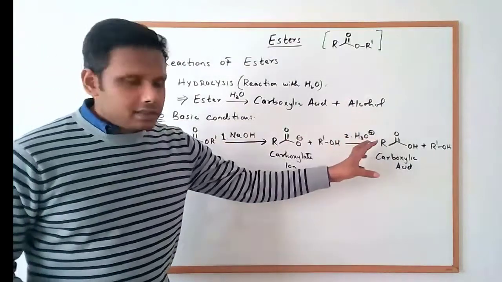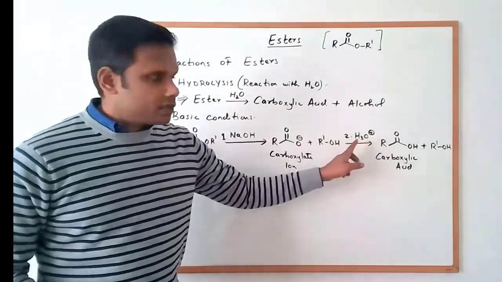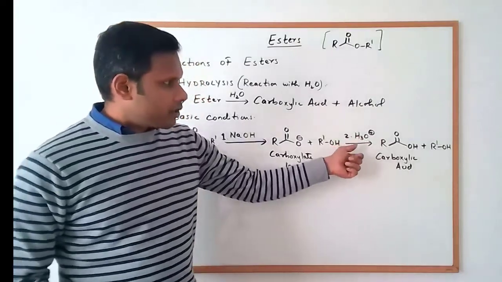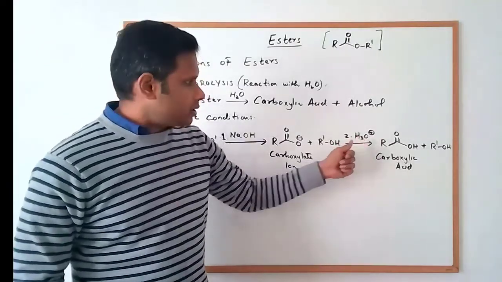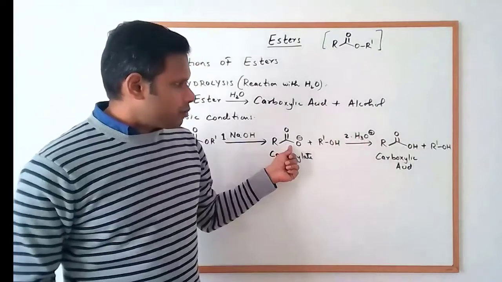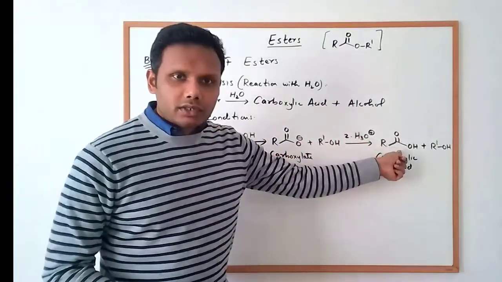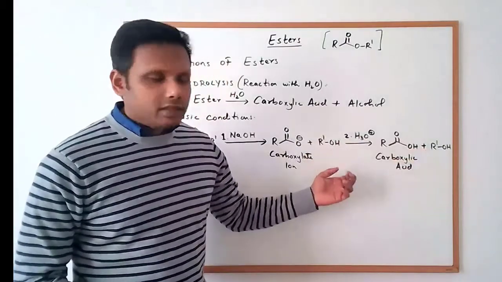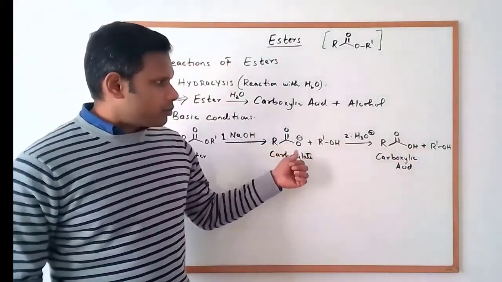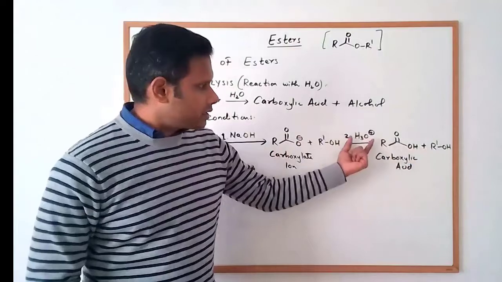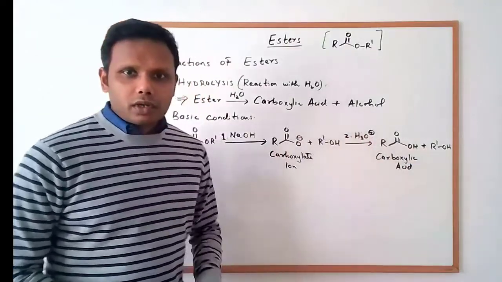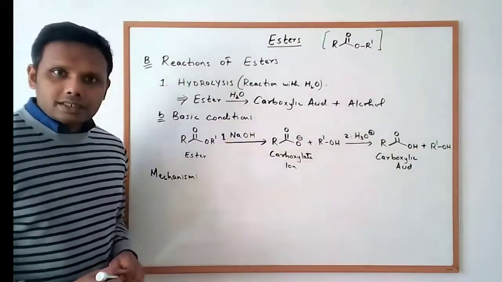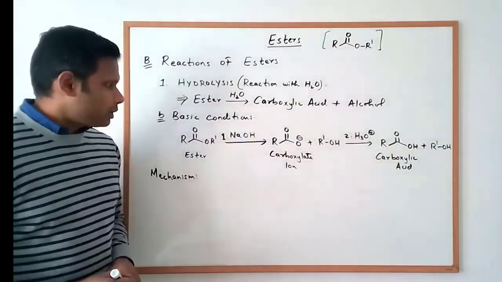And then in the second step, you do a hydrolysis, an acidic workup actually. And when you do that reaction, you convert this carboxylate ion into the carboxylic acid, and the alcohol was already there. So to convert this carboxylate into the carboxylic acid, an acidic workup, or a protonation step, is needed. Let's look at the mechanism of this reaction.